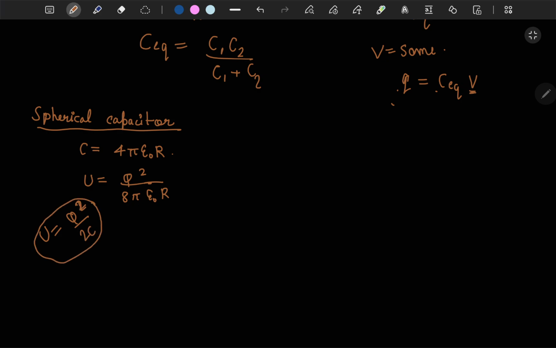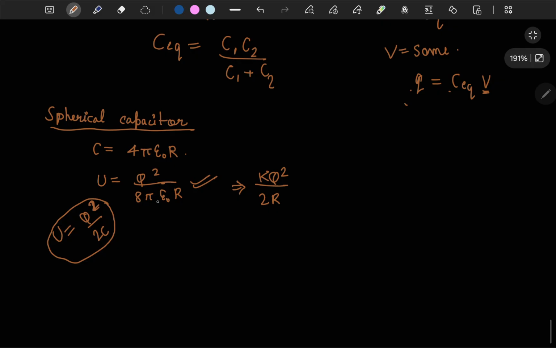U was half Q square upon C, so we are applying the formula here. It can be K Q square upon 2R, because K is 1 upon 4 pi epsilon naught, and here it is given 8 pi epsilon naught, so 2 is kept here. Q square by R is kept as it is.